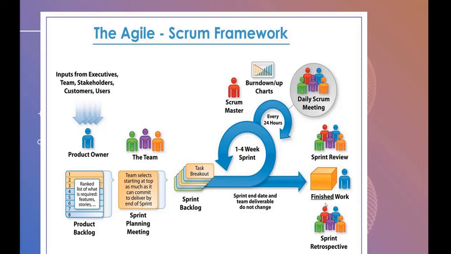After that, there is a term called backlog refinement. After the sprint retrospective, they come in here. They say, okay, I guess this feature is less important, or this feature is more important, something like that.